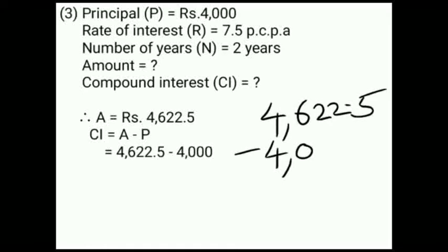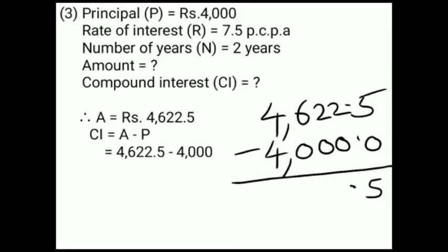If you have the number 4,000 only without decimal point, take 0.0. If you have the first number decimal point, 5 minus 0 is 5, 2 minus 0 is 2, 2 minus 0, 2, 6 minus 0 is 6.